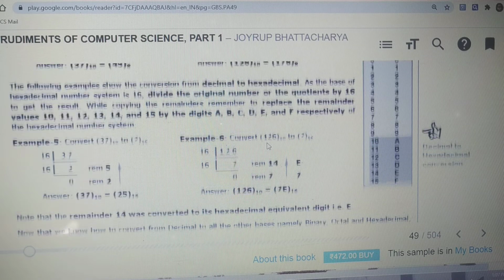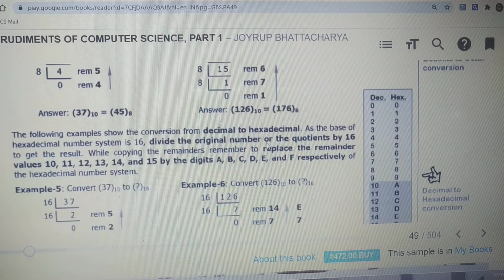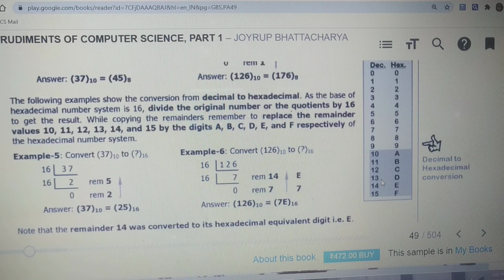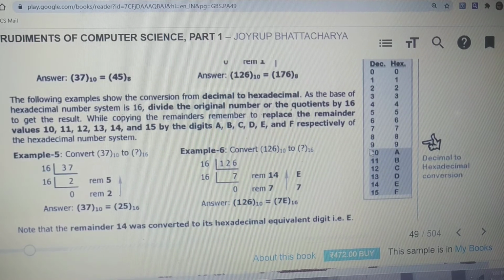One more thing, first of all check this value, because it is needed when we get the hexadecimal value. It is the equivalent of a decimal number.